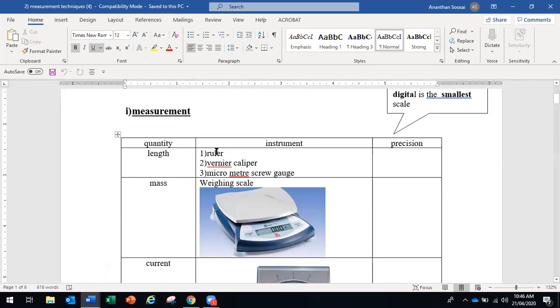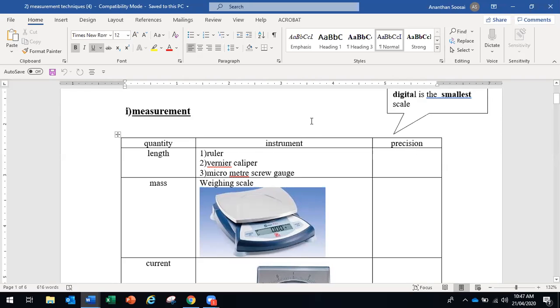Tell me, for the ruler, what is the precision value? 0.01, 0.1 or 0.05? Precision means half of the smallest scale.